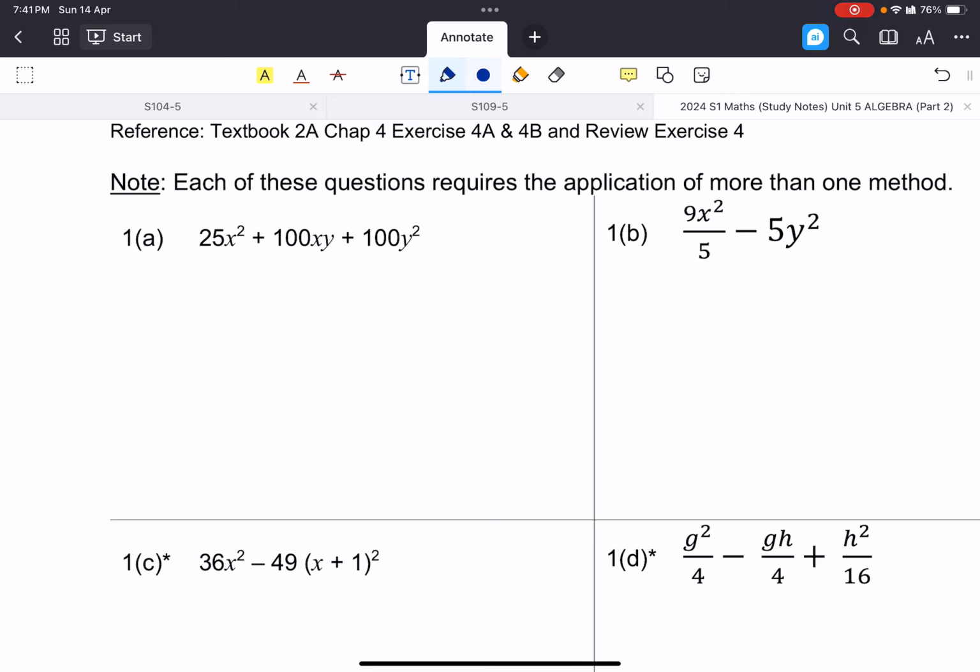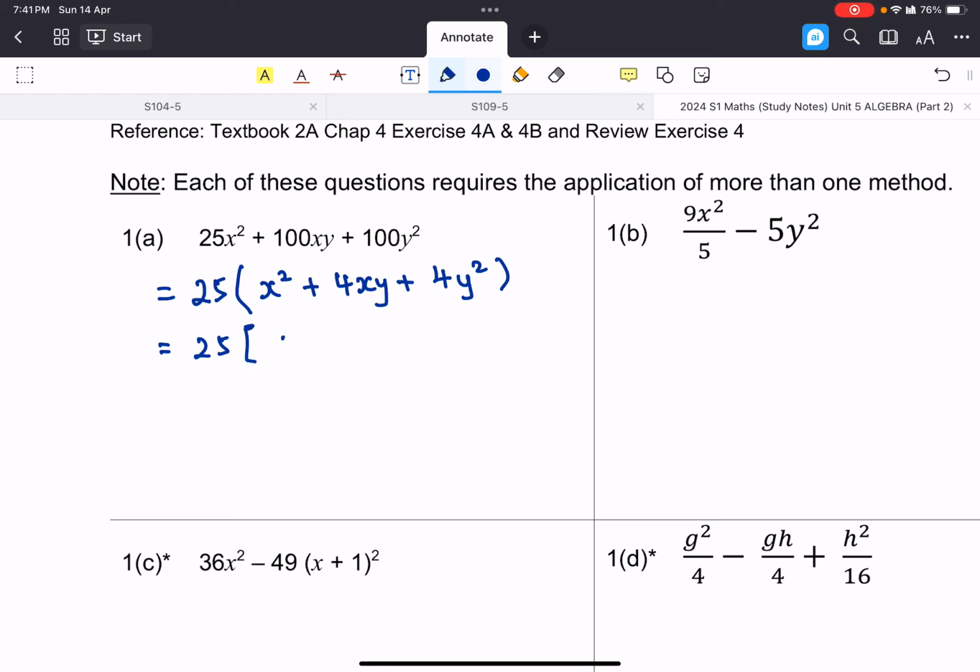Okay, so what do we do here? In this case, I will extract out 25, and that will give me x squared plus 4xy plus 4y squared. And I look at this and say, hey, is it a special identity? Maybe it is. Let's try it out.